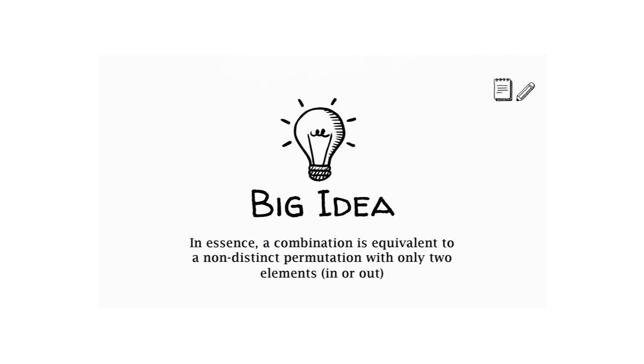A combination, which is the number of ways you can choose k things from n things, is equivalent to a non-distinct permutation with only 2 elements. You can think about those 2 elements as being in or being out, meaning you could think of them as being chosen, like light switch turned on, or not chosen, turned off.